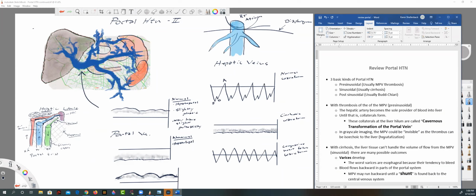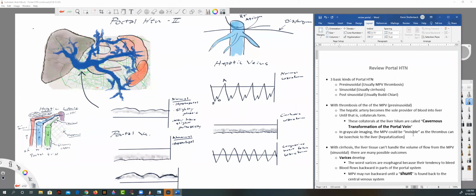I think that's how you would spell it. It's kind of a made-up word anyway, so I'll spell it how I want. Hepatization of the main portal vein would mean that it basically looks like the liver, and that very well could happen. Or not, or it could be the thrombus is anechoic and you clearly see the main portal vein.